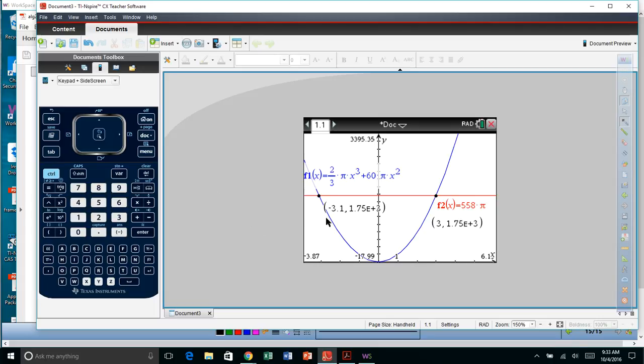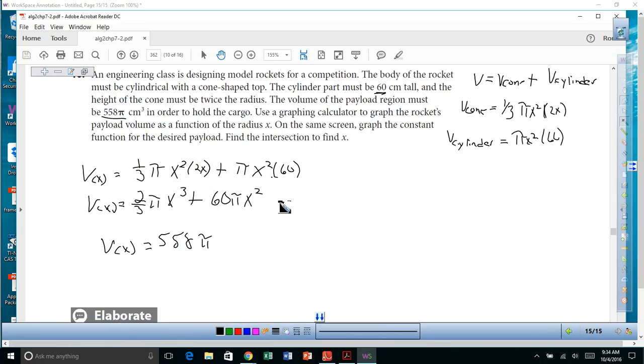Either way, it can't be negative. It has to be positive. So because the radius has to be positive, the radius of the rocket is 3 centimeters.